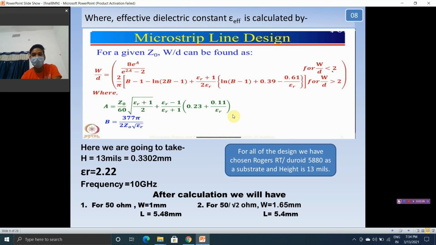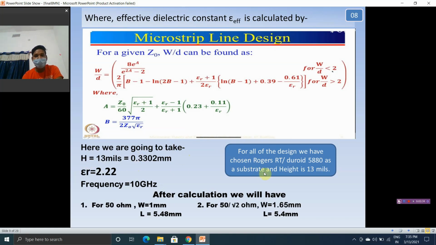Basically, we can go on Google, and there are multiple online calculators available through which we can calculate the dimensions of our microstrip line. To calculate the dimensions, we first have to fix the height of the substrate, and I am going to fix my height as 13 mils.